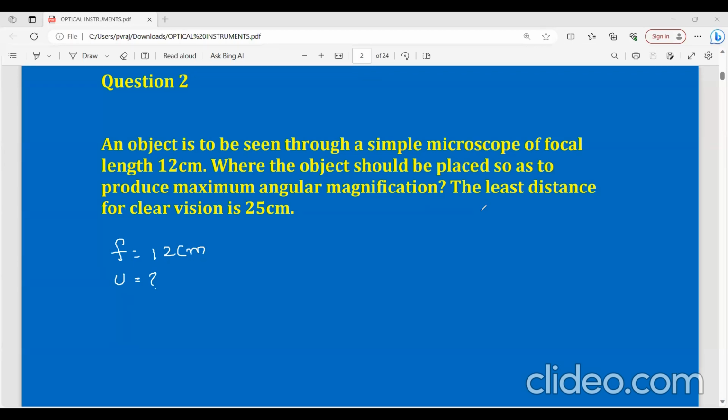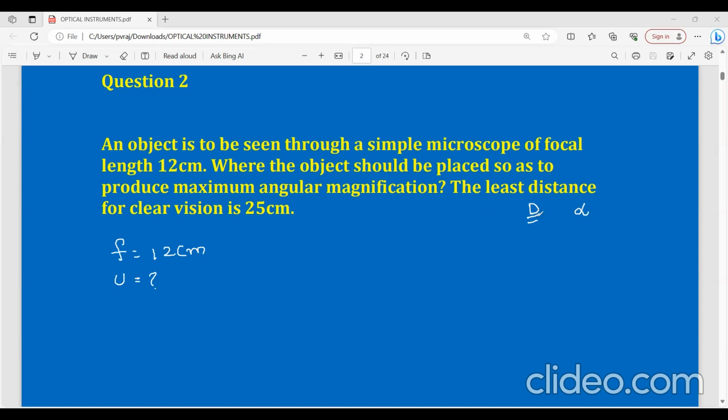There are two possibilities I explained. One is the image may be formed at distance 25 centimeters, or image may be formed at a distance of infinity. So in both the cases, whenever image is formed at less distance, then only the eye has to subtend with more angle.